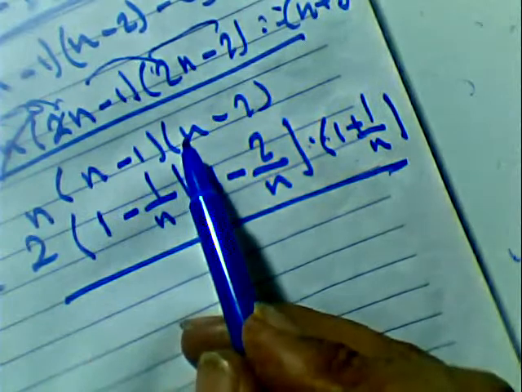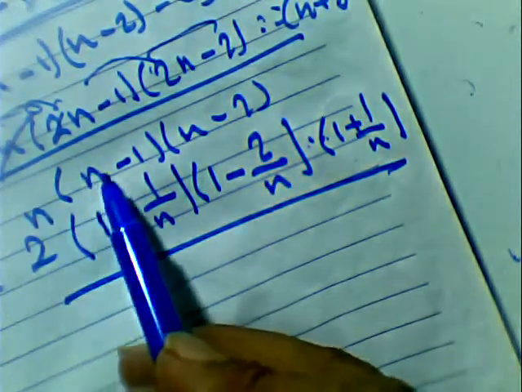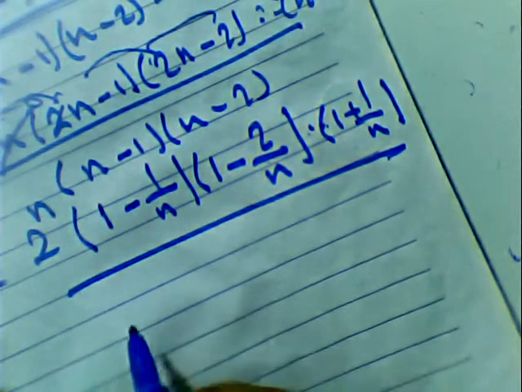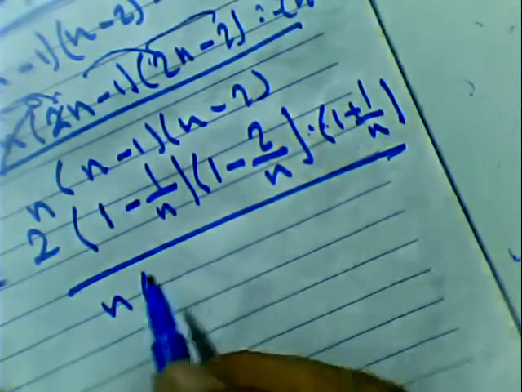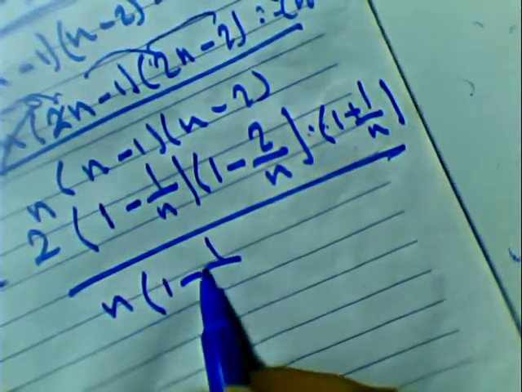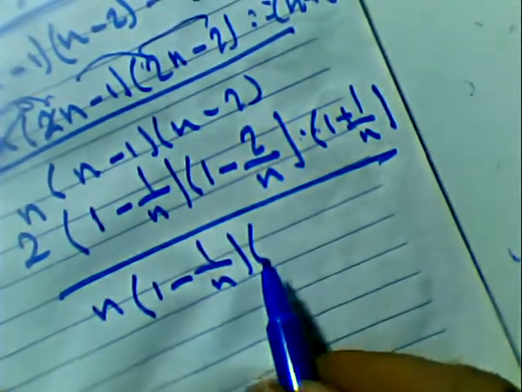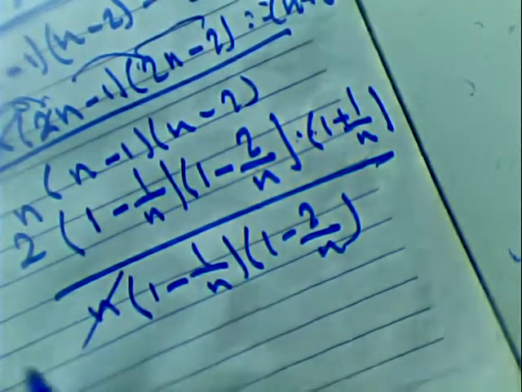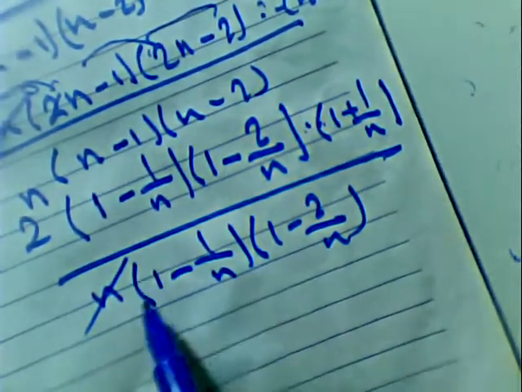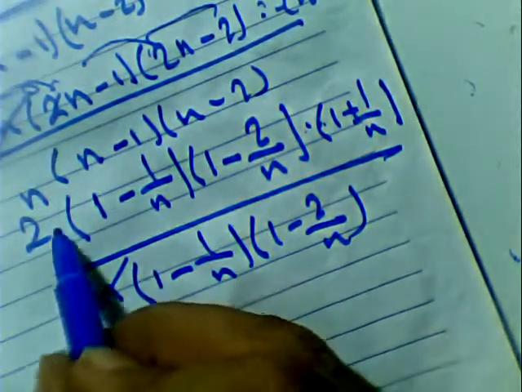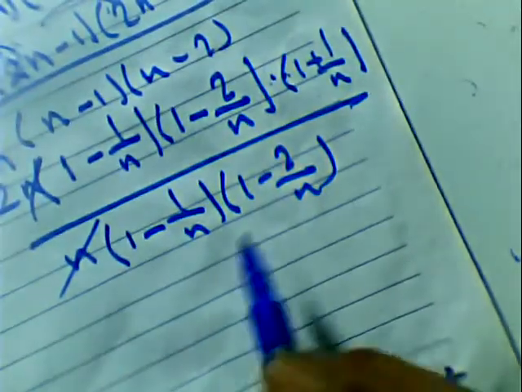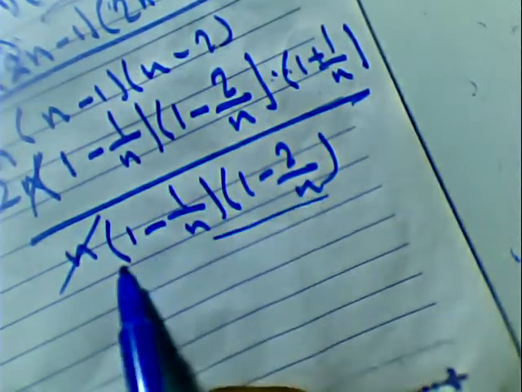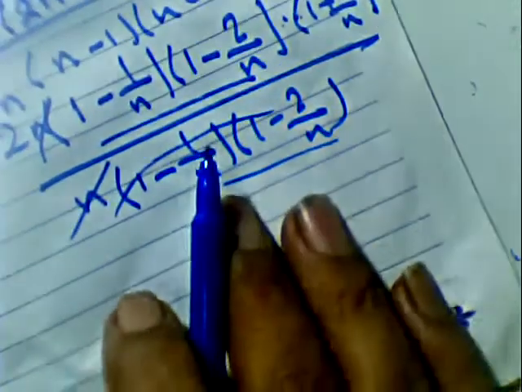We can also take n outside, then we get 1 minus 1 over n, 1 minus 2 over n. All of these can cancel.